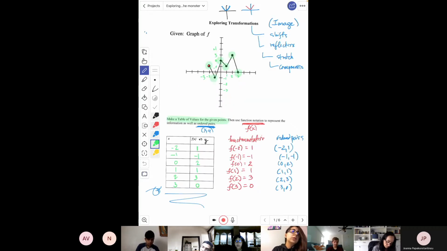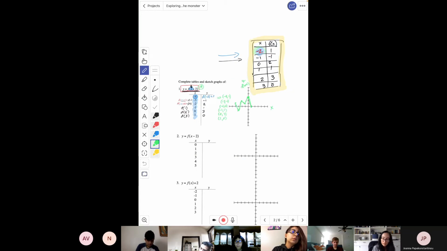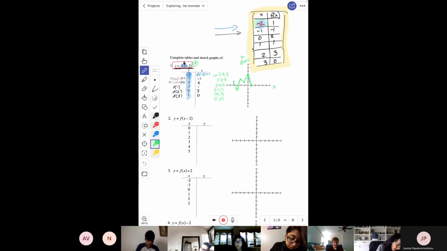You just shifted it to the side. Okay, you are correct, but mathematically, we would describe this as a horizontal shift, left, or translation, depending on, those mean the same thing.